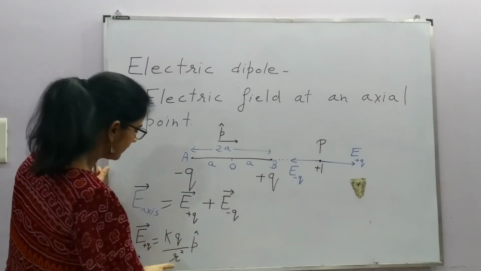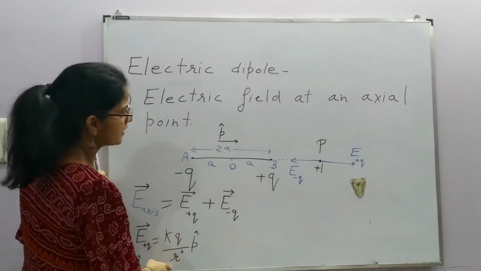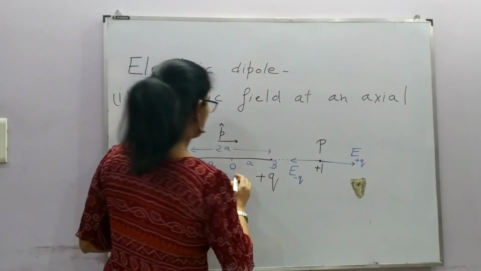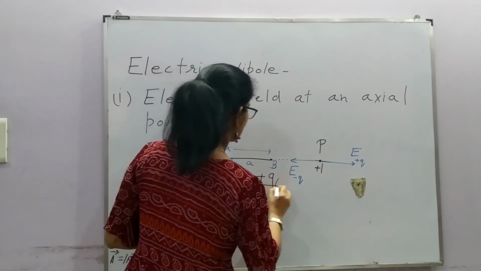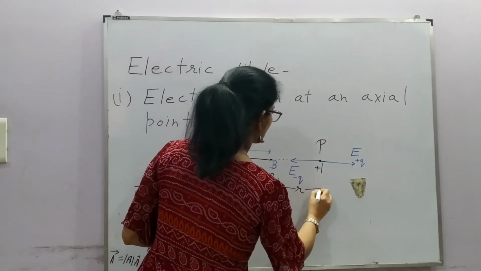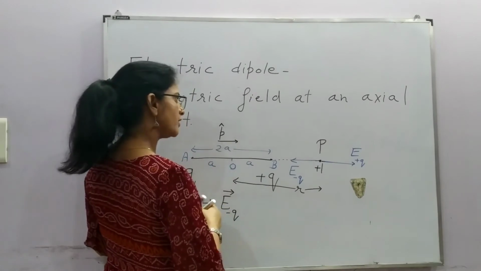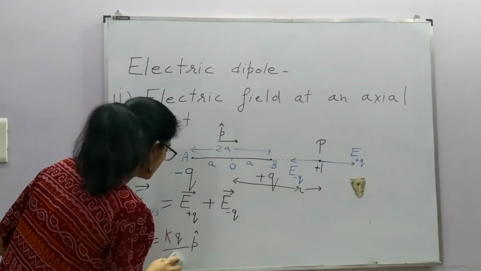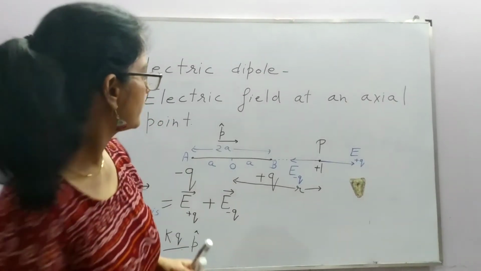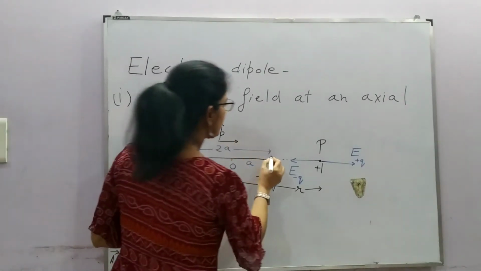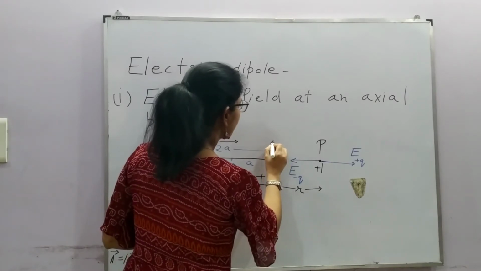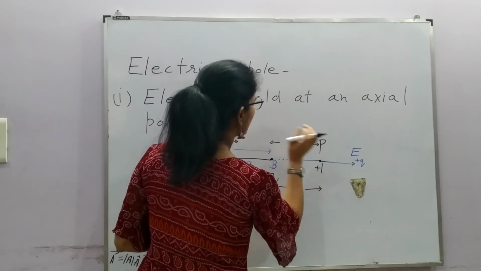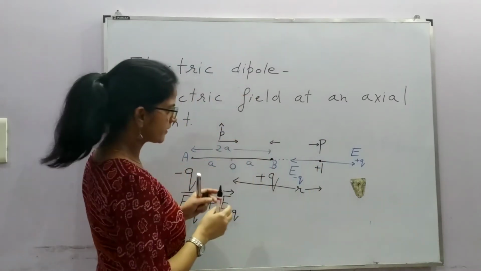Similarly, here this is the formula KQ upon R square. Now what is this R over here? We know that R is the separation of point P from the center of the dipole. I am writing here the electric field due to plus q charge. That means I have to write the separation of plus q and point P. For this, I'll have to check this diagram.